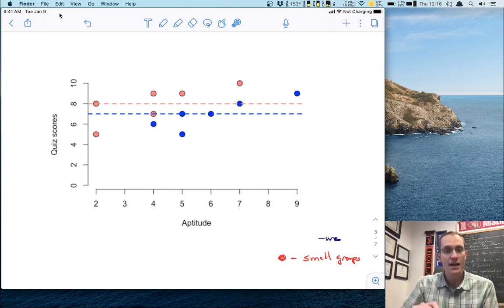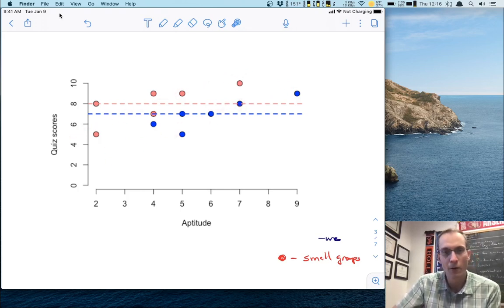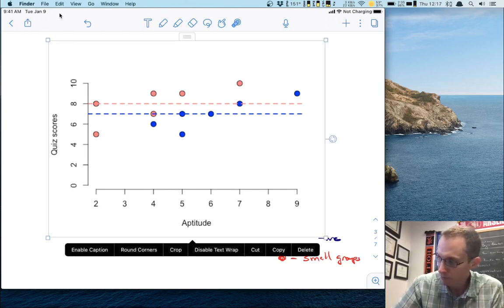So here's what we do. I'm going to do this with my pointer first, and then I'm going to reveal what the regression lines look like. A regression line, remember, is just a line of best fit. So if we were able to take, say, these blue dots and come up with a line that fit best through them, maybe something like this, and do the same thing with the red dots and make sure that these two lines are parallel, then that would give us an interesting picture. Let's take a look at that picture.